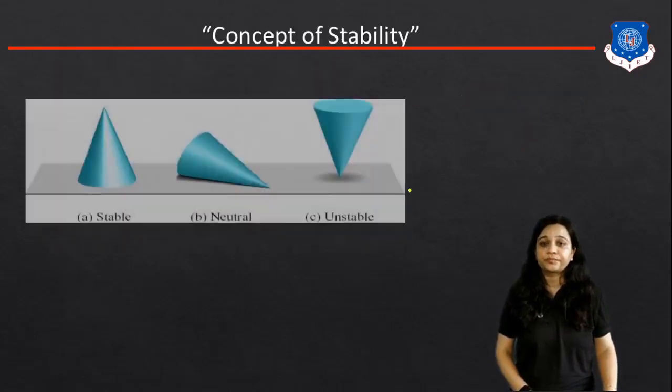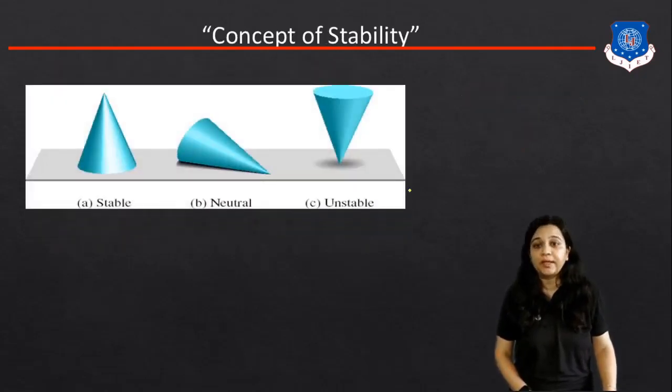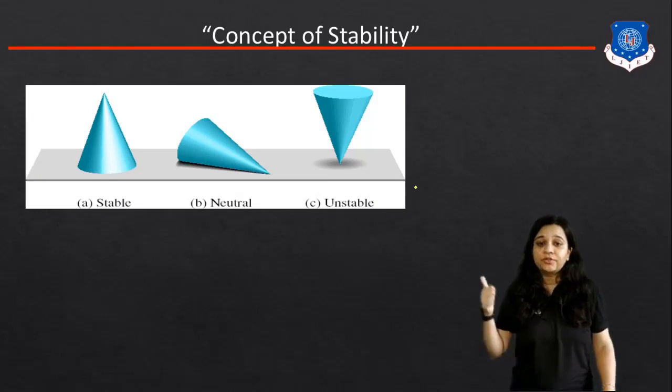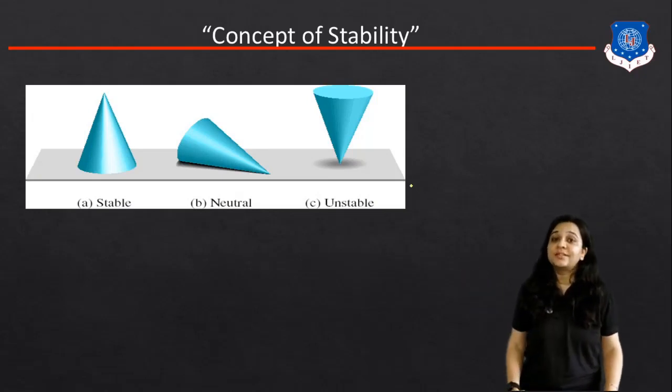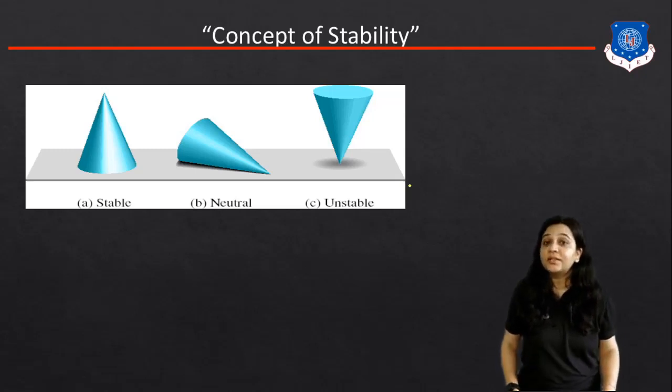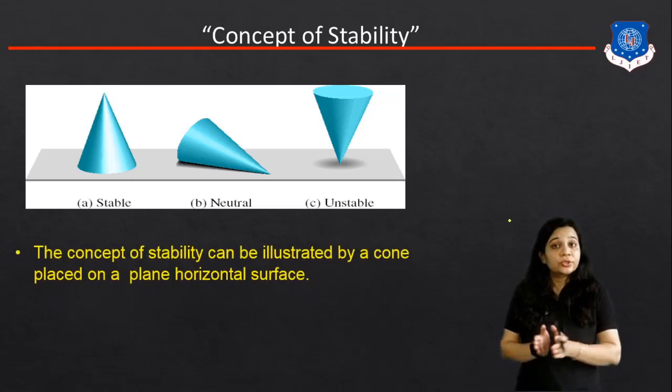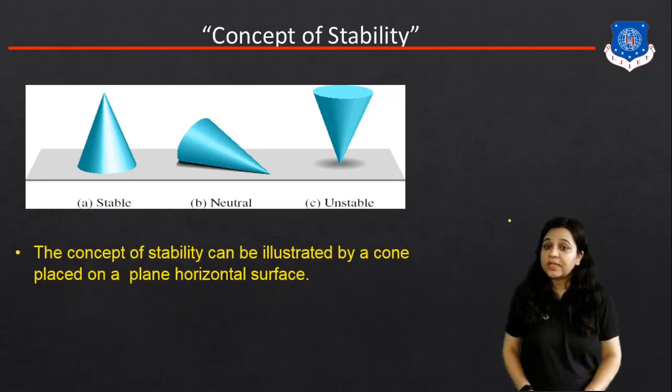First of all, the concept of stability. What is stability? Here in this diagram you can see that the first one is a stable object, the second one is neutral, and the third one is an unstable object. Generally, the concept of stability can be defined by placing an object on a plane horizontal surface.